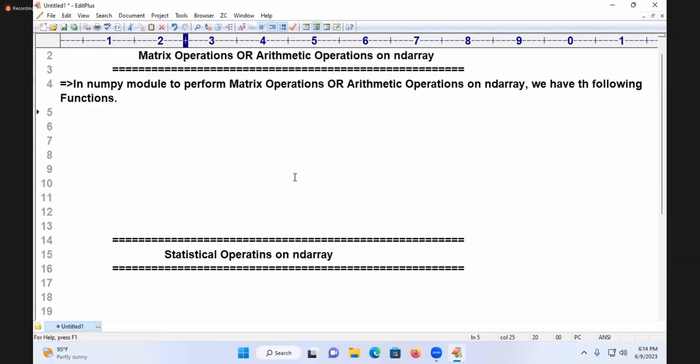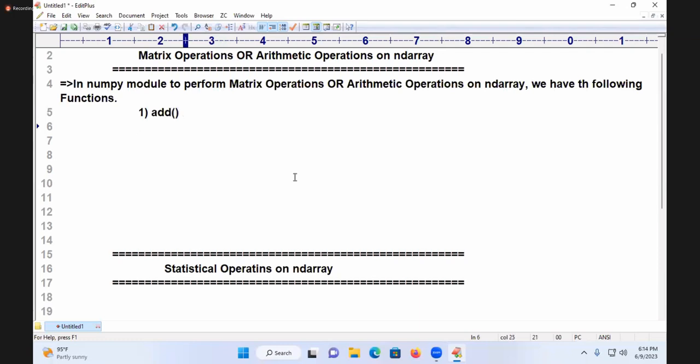Look at the first function. What is the function name? add. The add function can also be done with the plus operator.